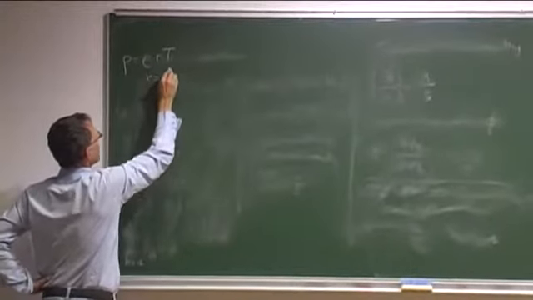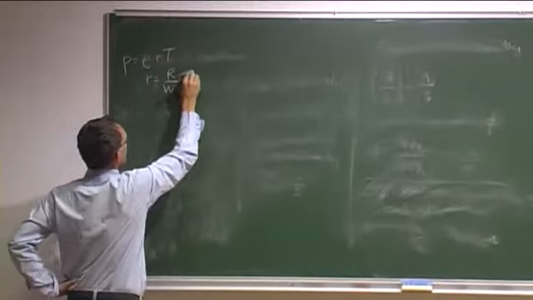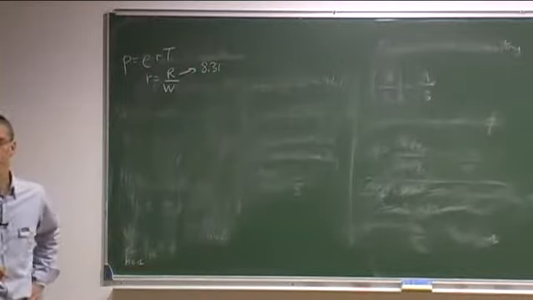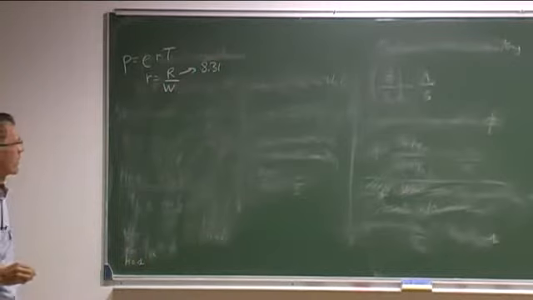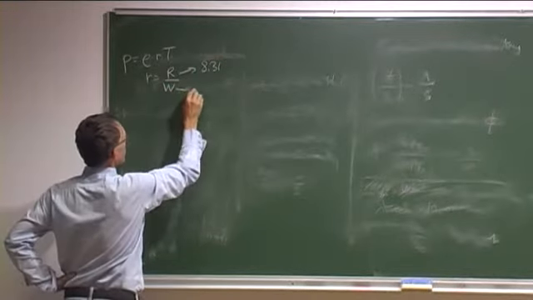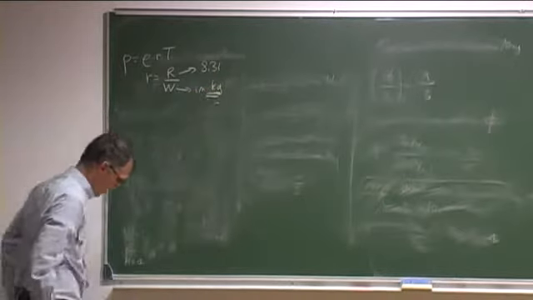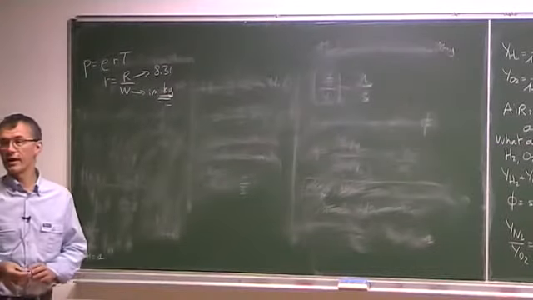And small r here is equal to R divided by W. This is something like 8.31 international units. And this is the atomic weight in kilograms. Classical mistake here.